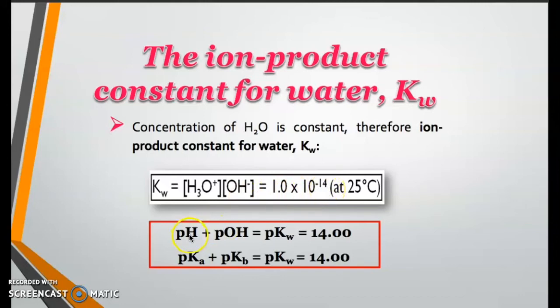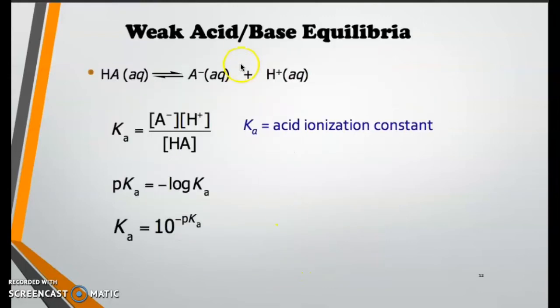So pH plus pOH is equal to pKw, which is equal to 14, and pKa plus pKb is equal to pKw, equal to 14.